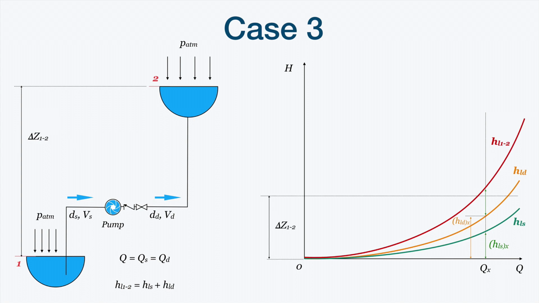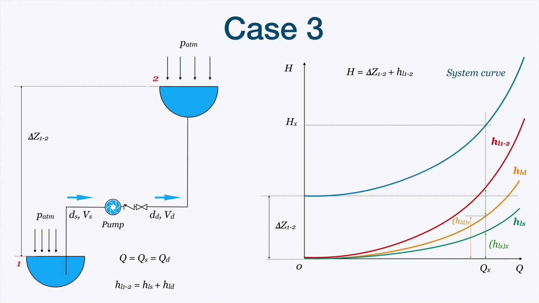By moving this curve over the line corresponding to the static head, we obtain the system curve. And in the intersection of this curve with the vertical line corresponding to the flow rate Qx, we obtain the value of the head for this flow rate.